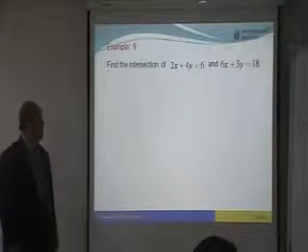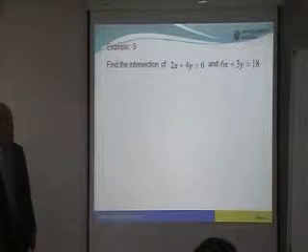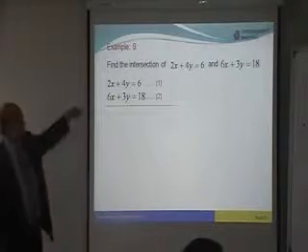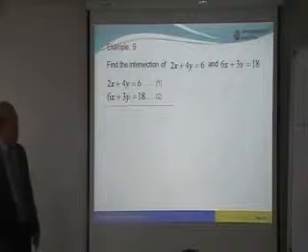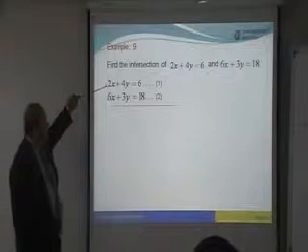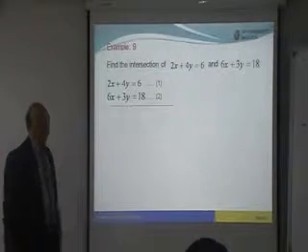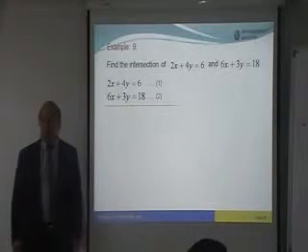Okay, let's look at another example using the substitution method. Because sometimes we cannot, maybe we use another method, a method of simultaneous equation. There's another method. If you see the x and y are not the same, both are not the same, you can force them to be the same.